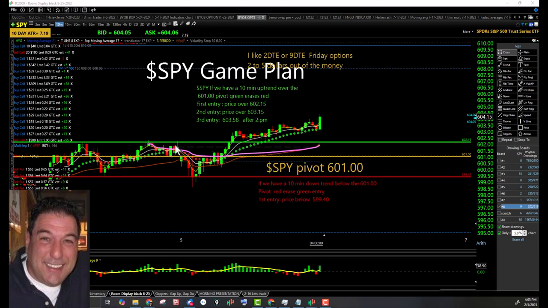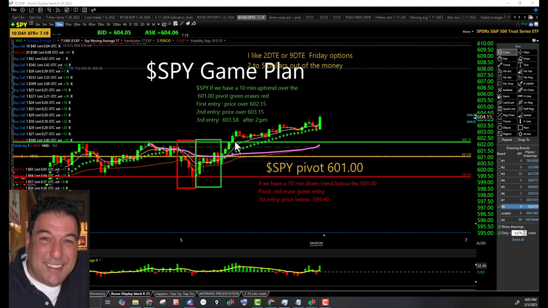Okay, red is this pullback from this high down to this low. And then we had green come in, and then we erase the red.